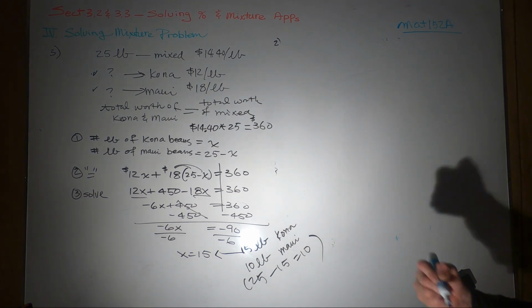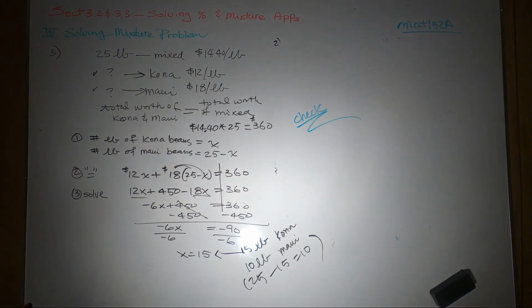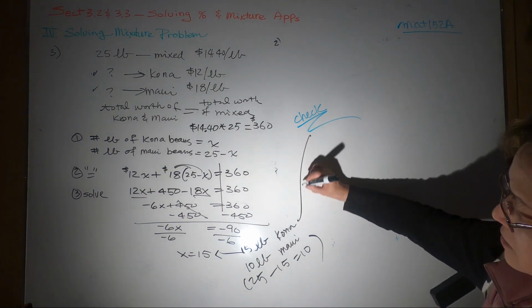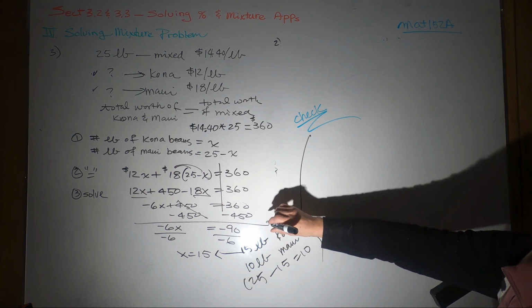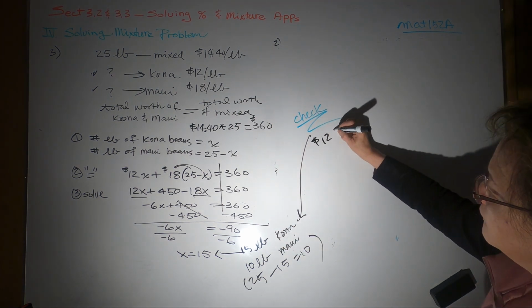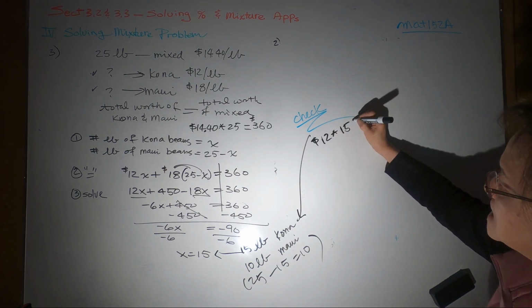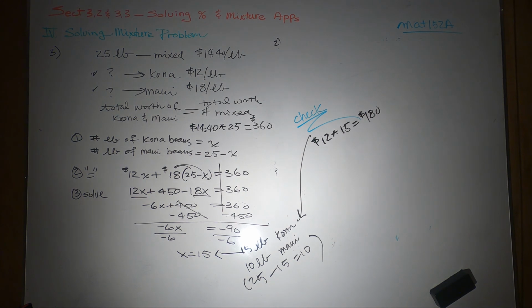Then how do you know you are doing right? Then you check it. So how much is Kona bean worth? 15 pounds. Each one is how much? $12 a pound. So 12 times 15. It's worth $120 for Kona beans.